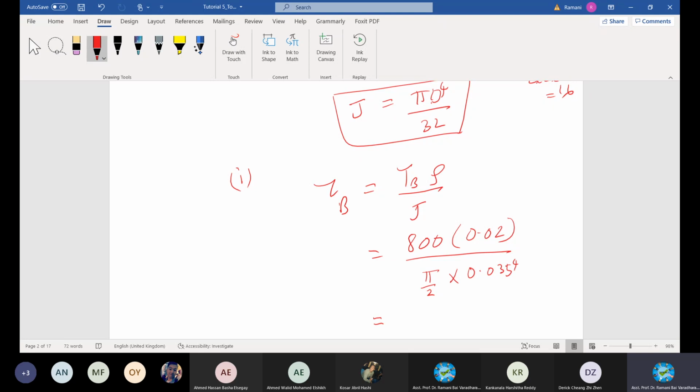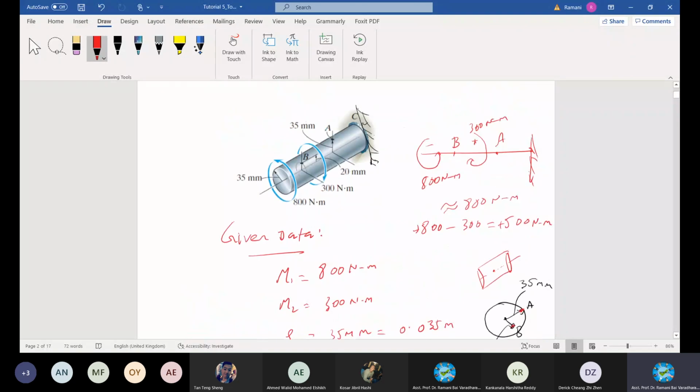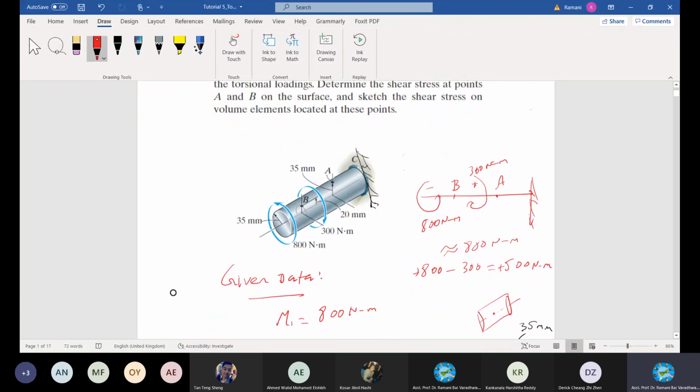Are you there? Miss, for the radius, we should use 20 or 35? Sorry, at B, the value of the distance is 20, but for the radius of the member, I think you are asking for polar moment, right?